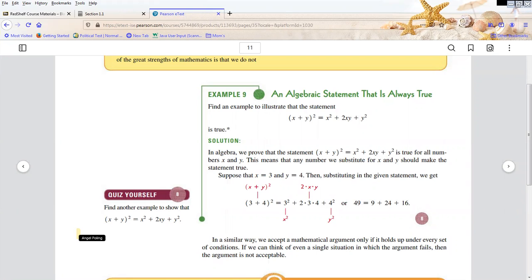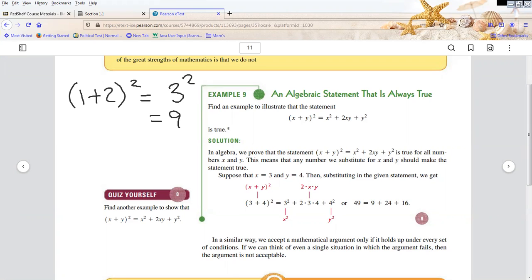Let's use 1 and 2. So we're going to say that 1 plus 2 squared is 3 squared, which is 9. That's the left-hand side of the equation.